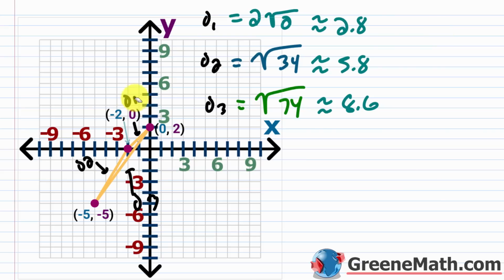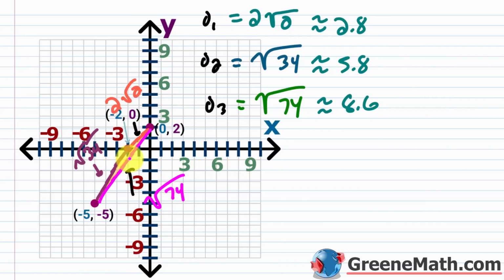Let me actually label this so that we're not lost in what we're doing. So this piece right here is going to be 2 times the square root of 2. And then this piece right here of this guy, this is going to be the square root of 34. And then this piece right here, let me do that in a different color. This is going to be the square root of 74.